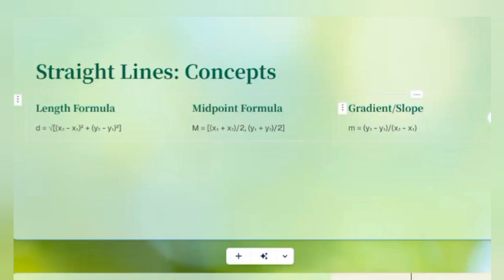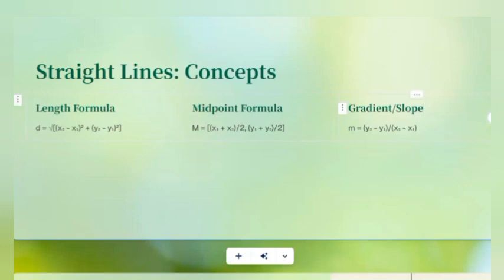The gradient or slope of a graph is most times very significant, because it determines how the two values are changing with respect to each other.